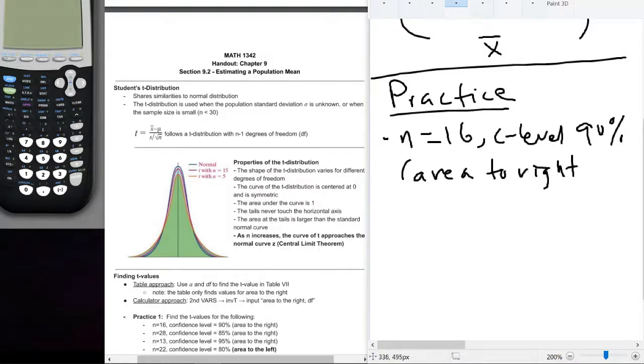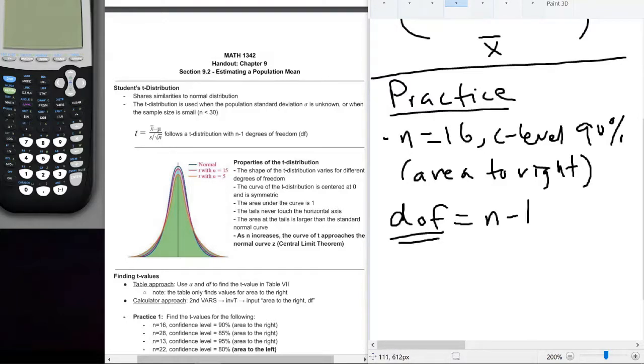So why is this important? Remember that the shape of the t-distribution depends on the sample size. Now what we're going to start using is something called degrees of freedom. Degrees of freedom will affect the shape of the distribution, where degrees of freedom is equal to sample size minus 1.